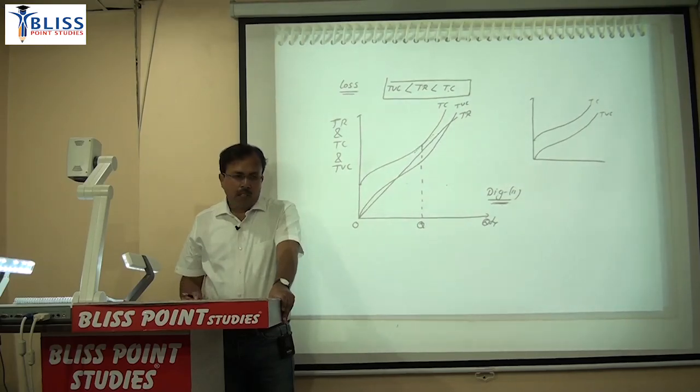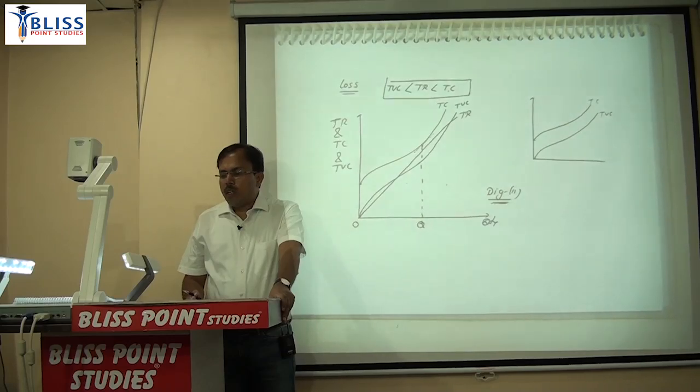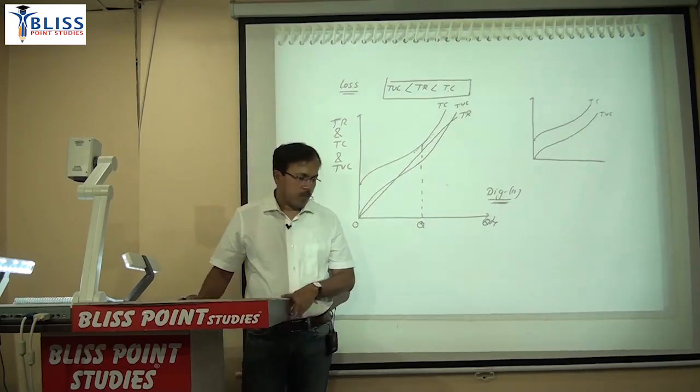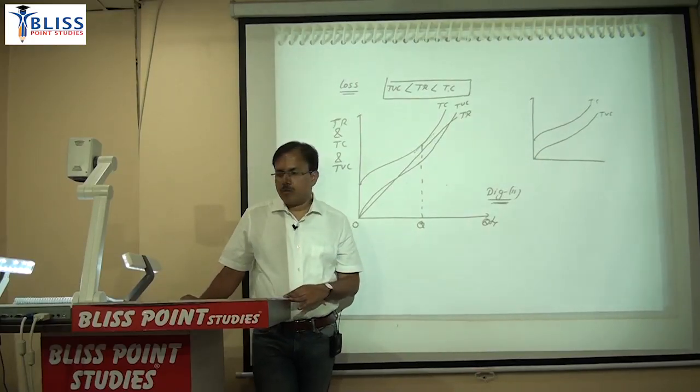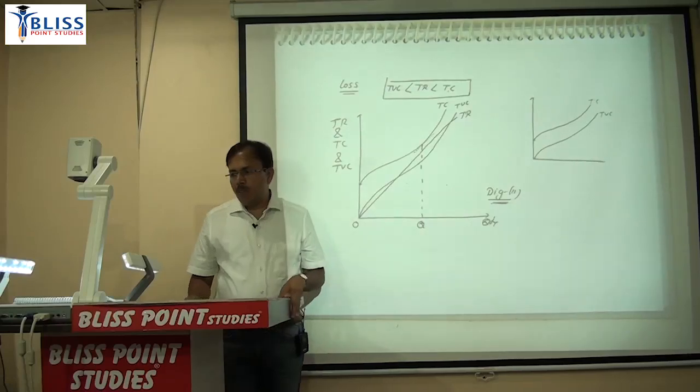We must note that if total variable cost is greater than TR, then the firm will shut down and there will be no production.